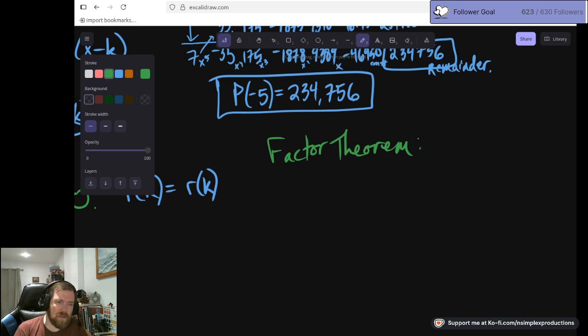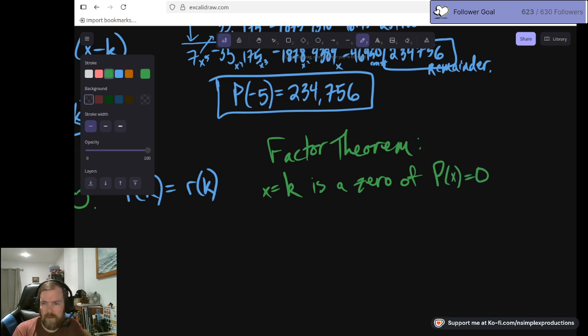Factor theorem is then going to say that k is a 0 of p, x equals k, of p of x equals 0, if and only if x minus k is a factor of p of x, right?